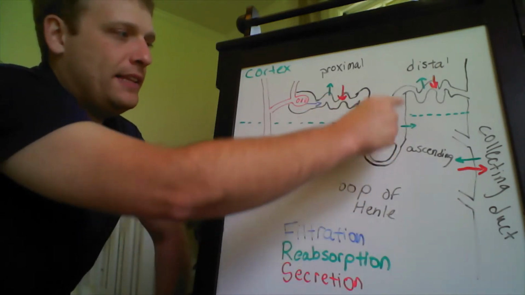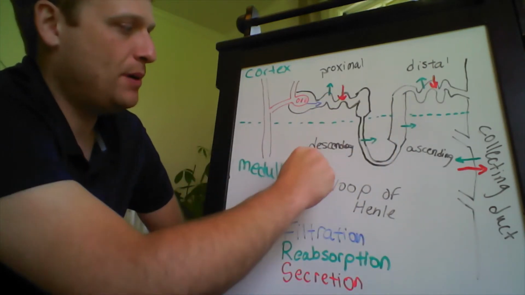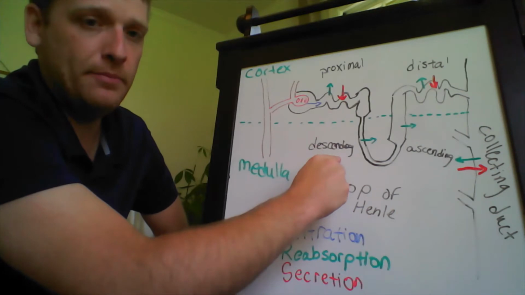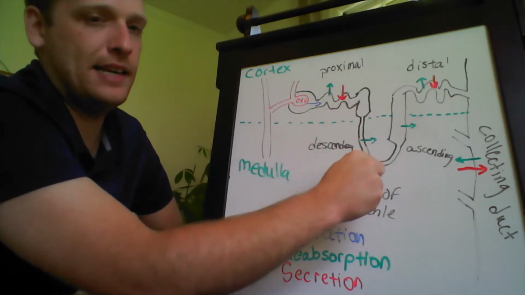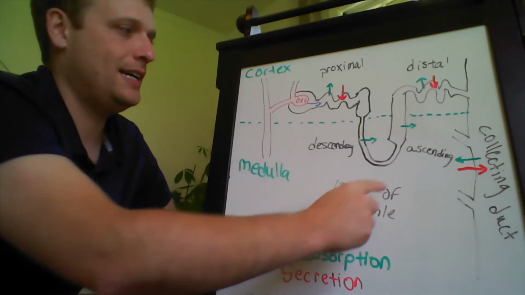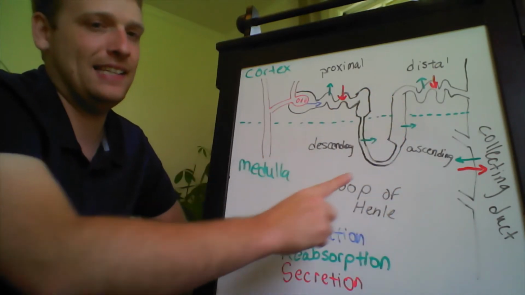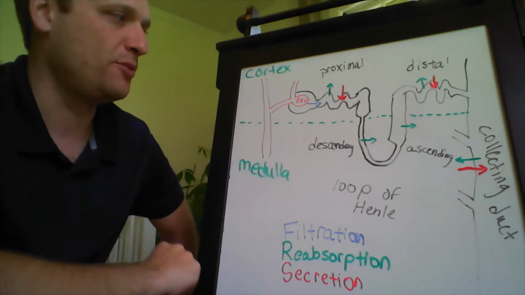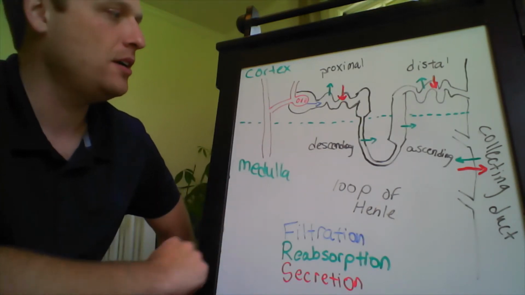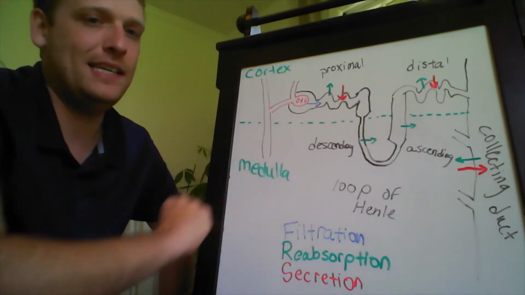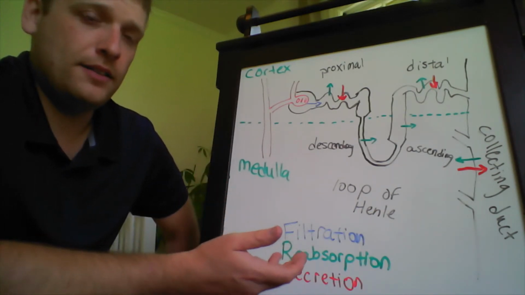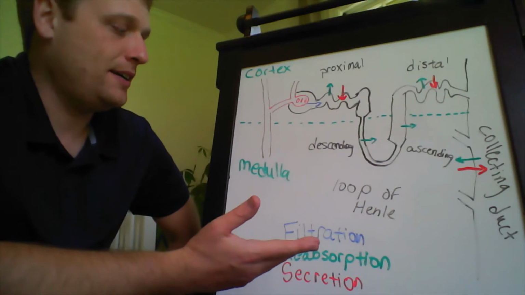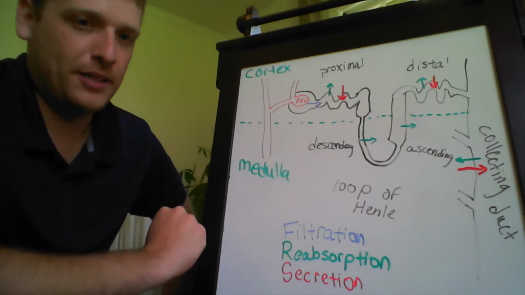The loop of Henle consists of two limbs, a descending limb that descends down into the medulla, and an ascending limb that ascends or climbs upward back toward the cortex. So the loop of Henle is going to dip down into the medulla. And remember, the medulla is going to be a very salty environment.